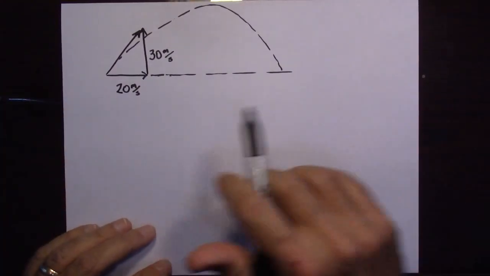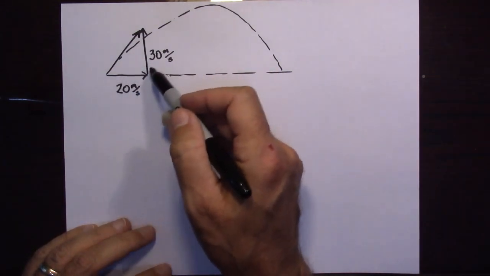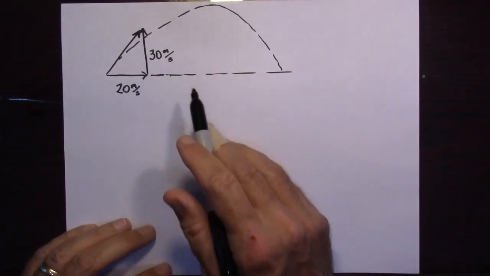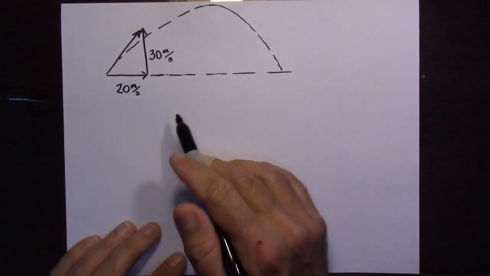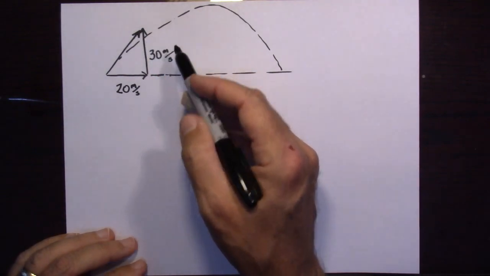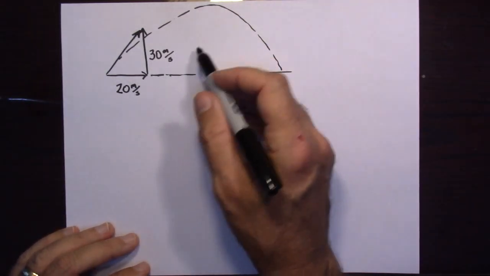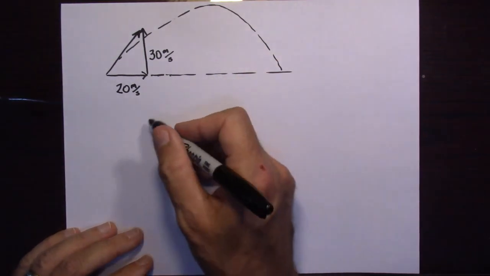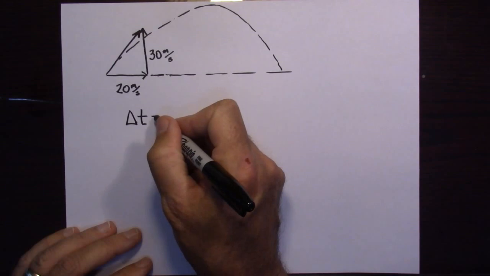All right, so we got 20 meters per second and 30. You can use trig to figure out what these are, and then you can round them. Okay, so let's see. This is going to be going up for 3 seconds because it's losing 10 meters per second each second, and it's going to take another 3 seconds to come down, so the total time in the air will be 6 seconds.